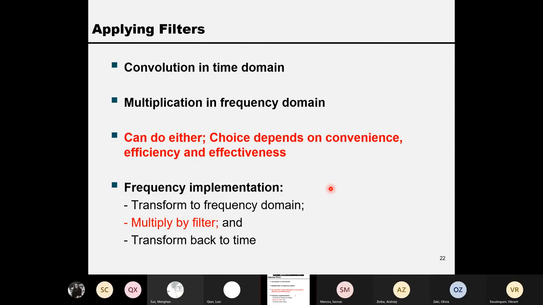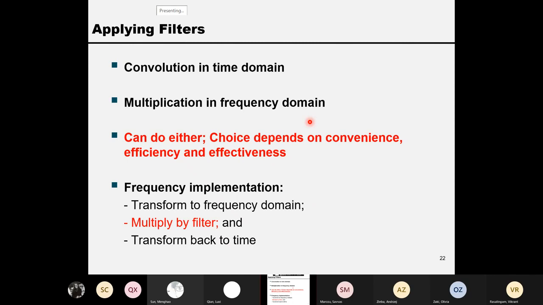In the time domain, we call it convolution, filtering convolution, right? And in the frequency domain, the filtering means the multiplication of the Z transform of the original seismic trace and the Z transform of the filter.